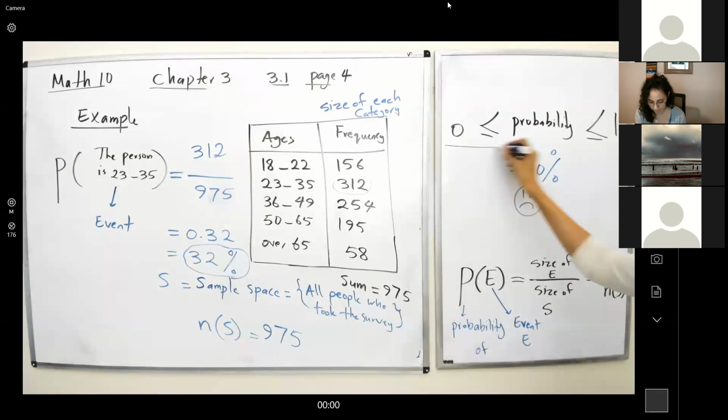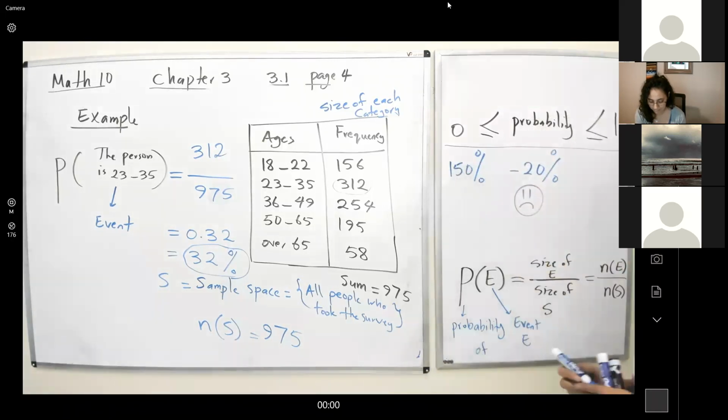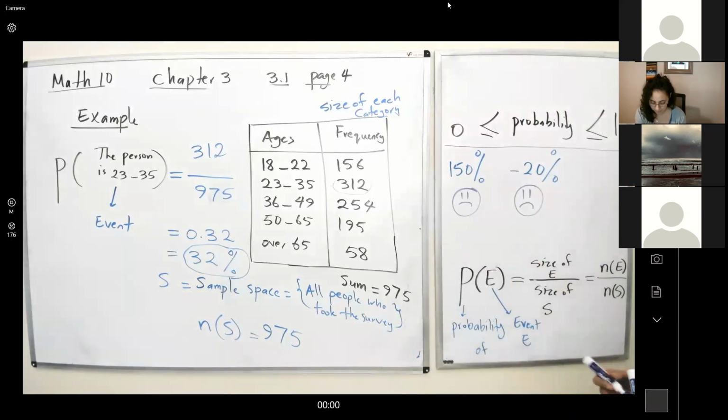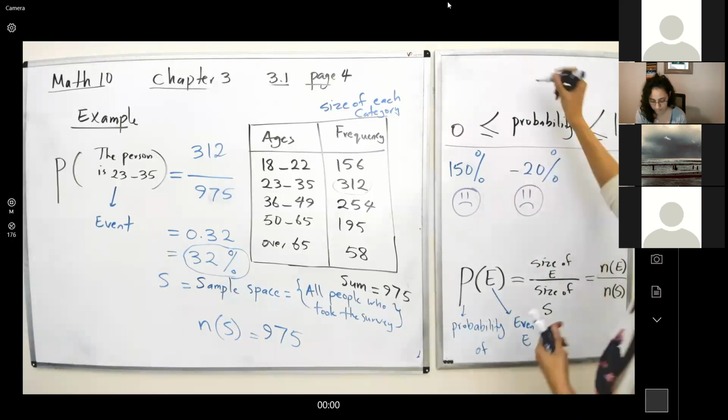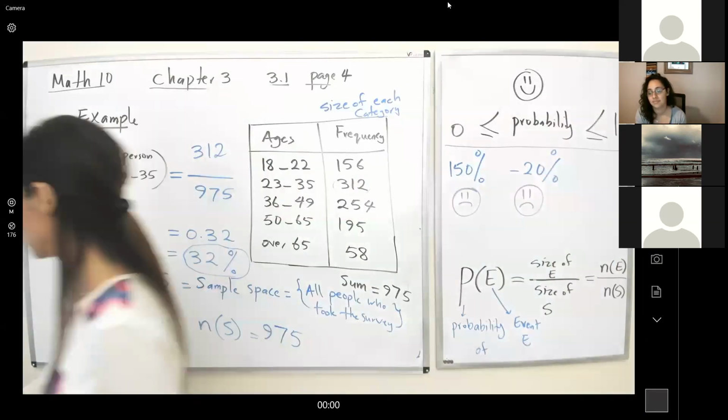If somebody says, hey, the probability is 150%, wrong. We don't have a probability of 150%. These are wrong values. Probability can be 0, any number between 0 and 1, and also 1. So we are happy here. Otherwise, give a sad face, it is wrong, absolutely wrong.